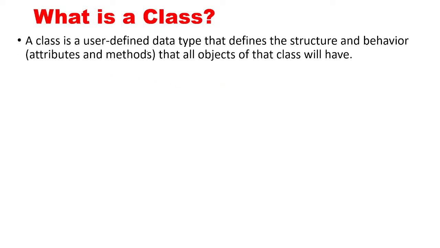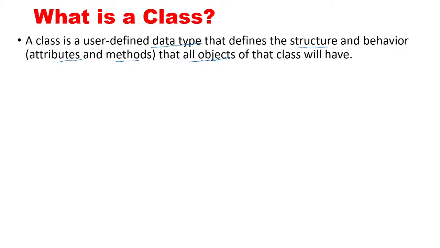So what is a class? How can we define a class? A class is a user defined data type that defines the structure and behavior of all objects that belong to this class. That is implemented with the help of attributes and methods.